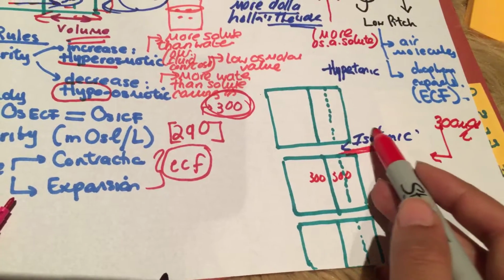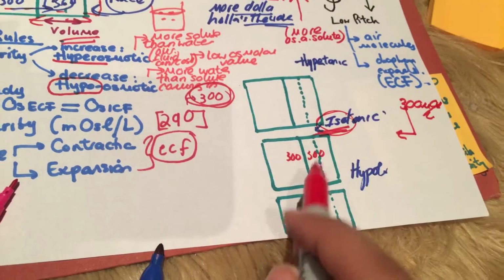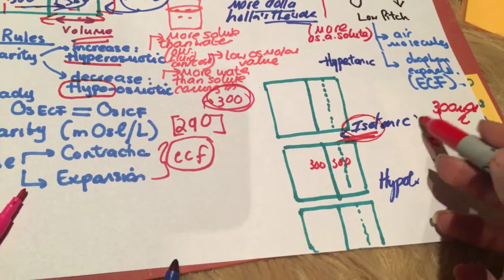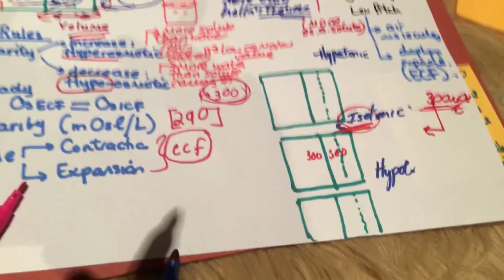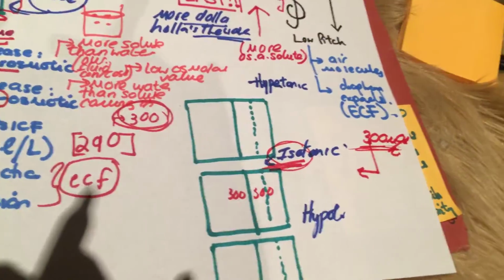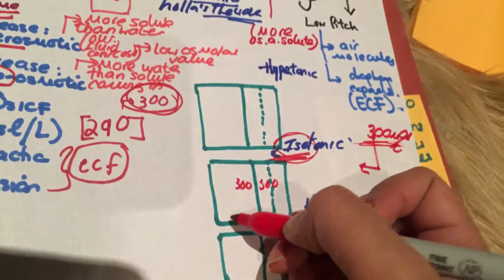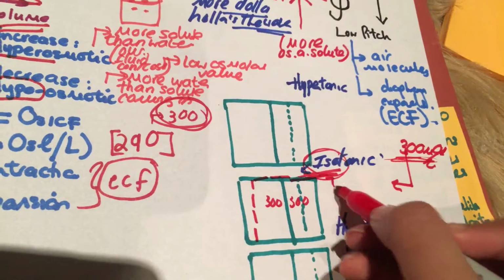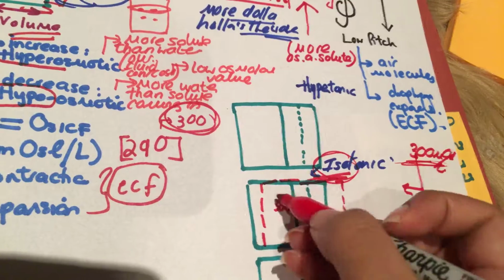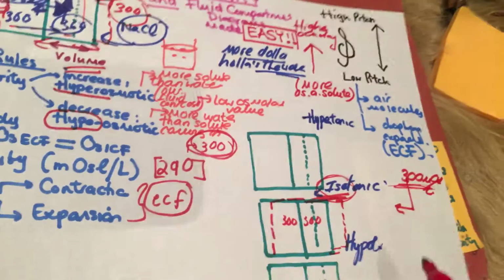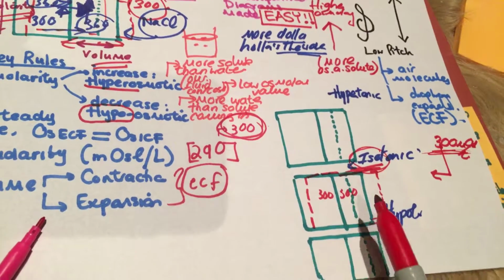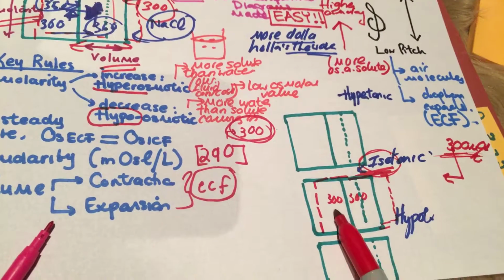No, because the solute concentration is the same. You are putting in more water, more fluid, because you are adding, let's say, a liter of that. That is going to cause expansion. However, it's not going to cause any change in osmolarity, because the solution you're putting in is isotonic. It's the same concentration as what you already have.